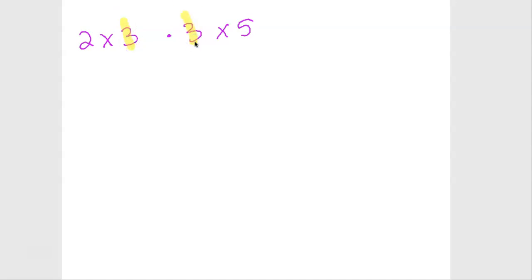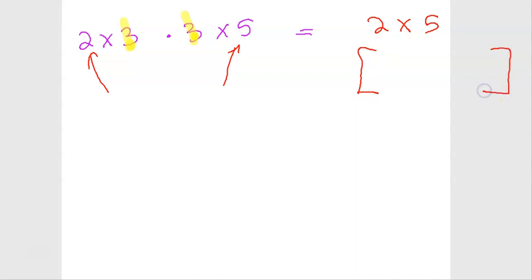The column of this has to match the row of this, and if they do, then the resulting matrix will be a 2 by 5 matrix. So I automatically know I'm going to have a 2 by 5 matrix.